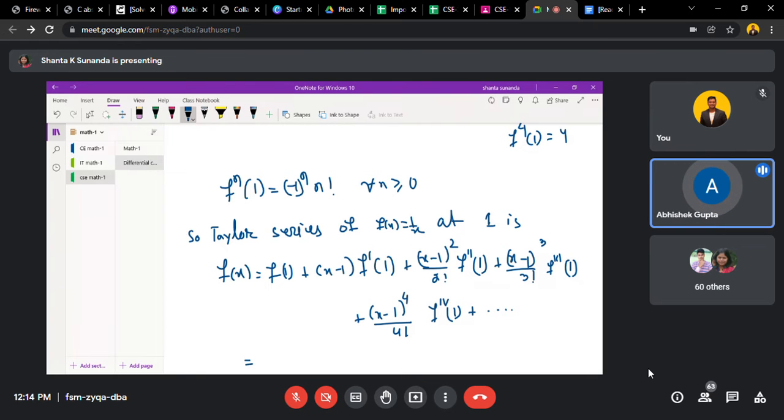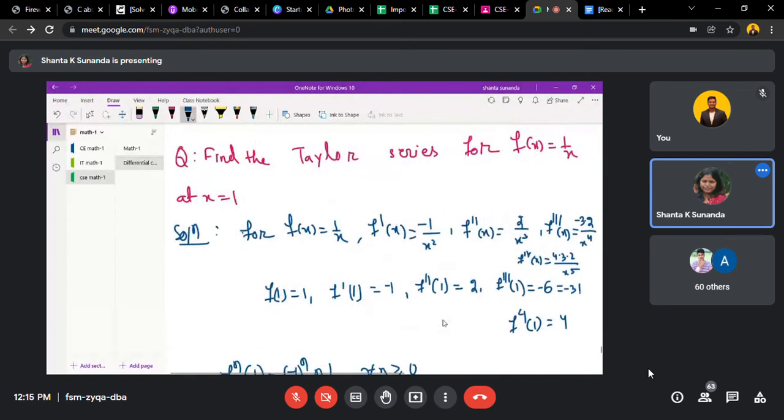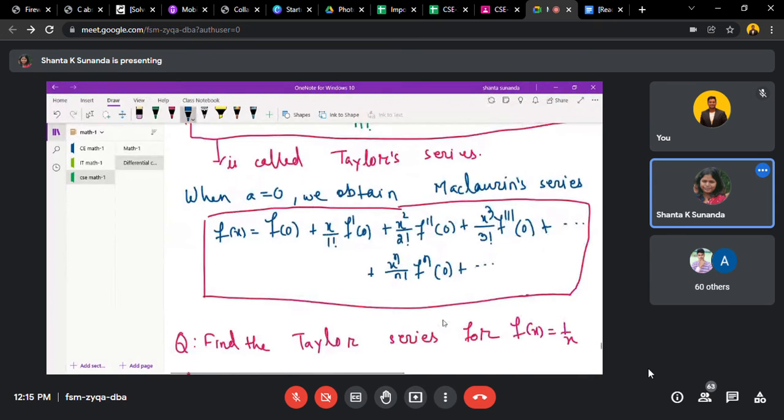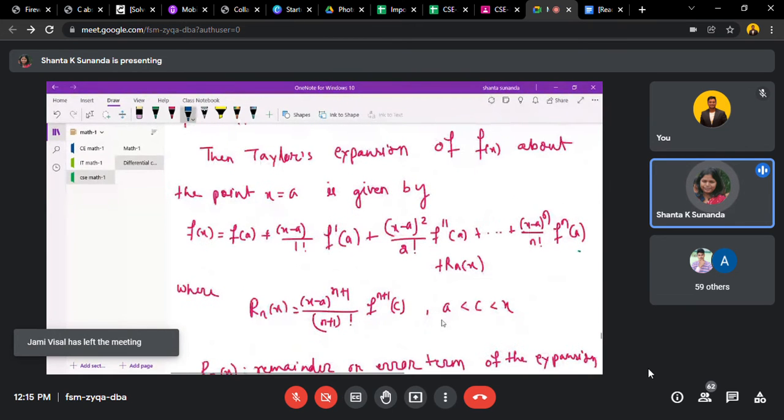So when n tends to infinity, the Rn term tends to 0. Yes, you can show this one in the Taylor's formula. Here normally you will have some error.